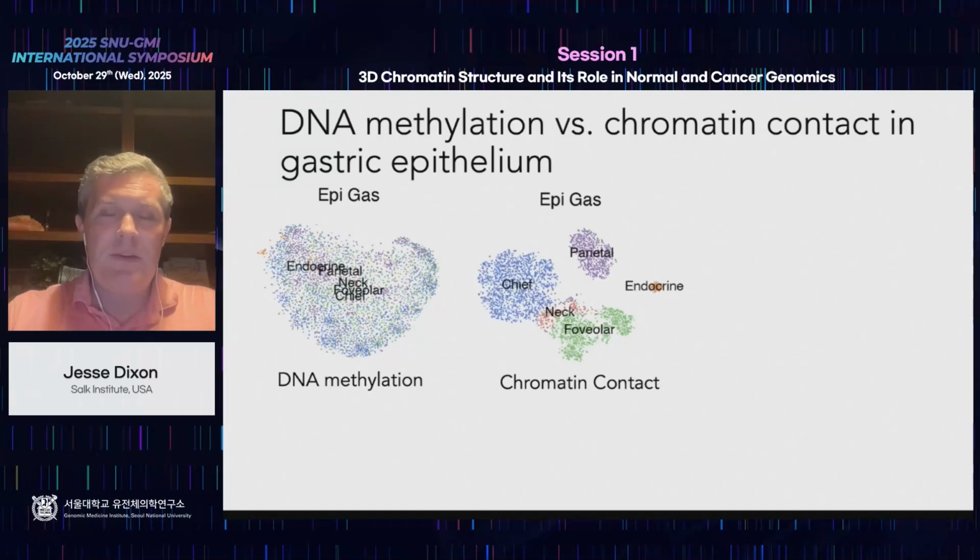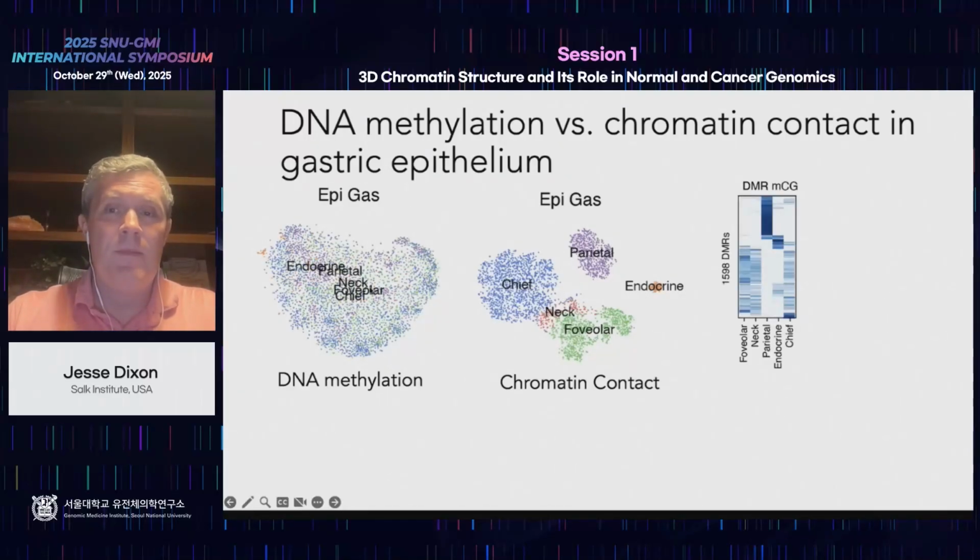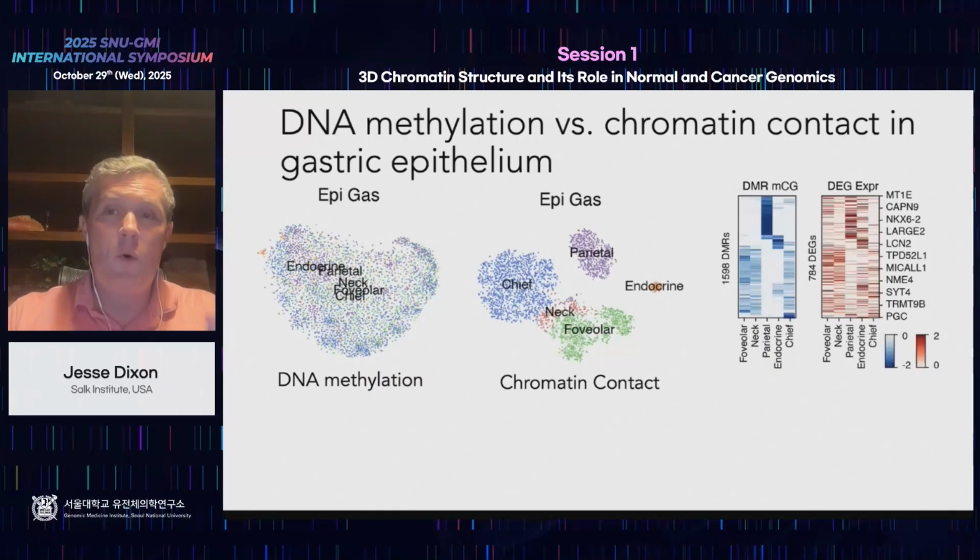And so this is interesting, but one of the cool parts about this is if you take the cell type labels from the chromatin contact data and use that to call differentially methylated regions based on the DNA methylation patterns, you can identify regions that show differential methylation between these different epithelial cell types, and you can see that they're associated with genes that are showing cell type specific expression in a correlated way.